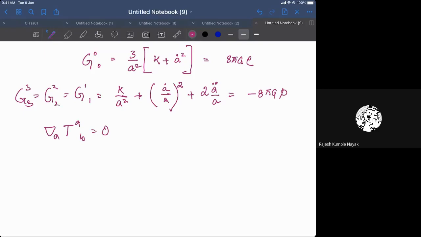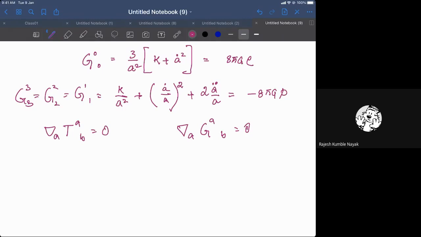There is another way to say this equation. This equation also says that the divergence of G is equal to 0. These two equations are the same, so it is possible to get the same equation. This is an advantage of cosmology, that it is homogeneous and isotropic.